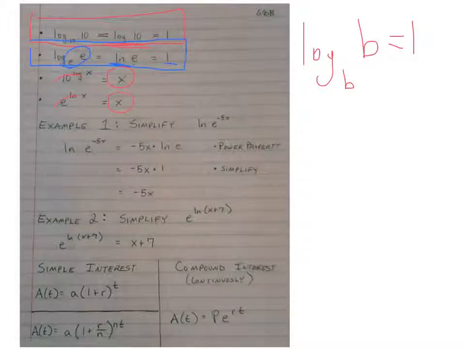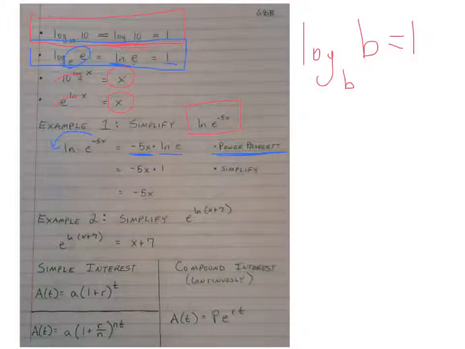So what we have here is example 1, which says simplify the natural log of e to the negative 5x. And for that, our very first thing that we can do is we use the power property, which says move the exponent down in front. So we get negative 5x in front, multiplied by the natural log of e.